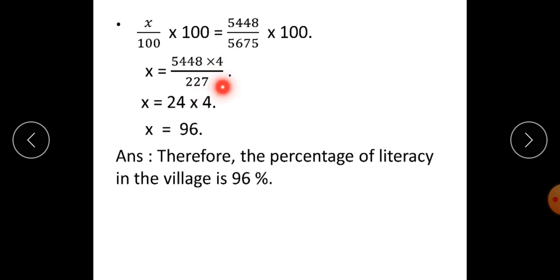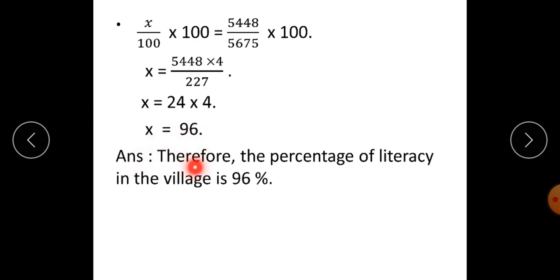When you divide, either you reduce this, or you can make the table of 227 and divide 5,448 by the same. When you do that, you get the value 24, and you have to multiply 24 by 4. Therefore, x is equal to 24 into 4. 24 fours are 96. Therefore, x is equal to 96.